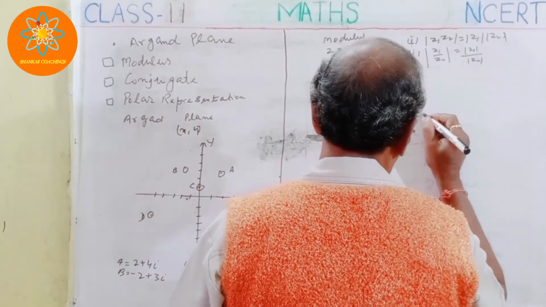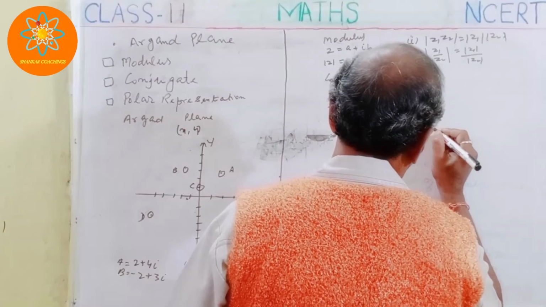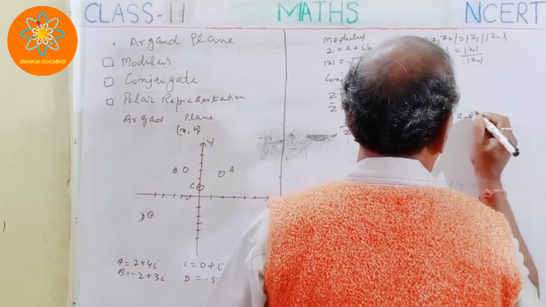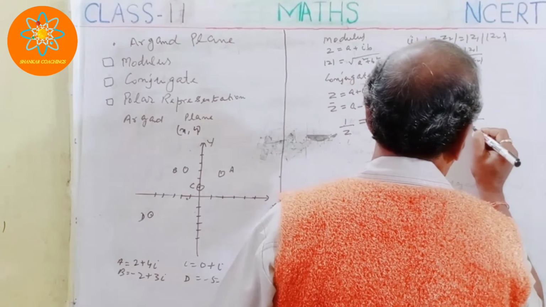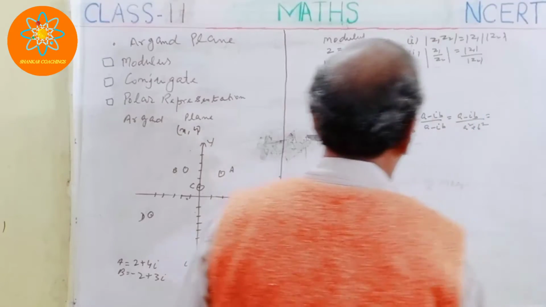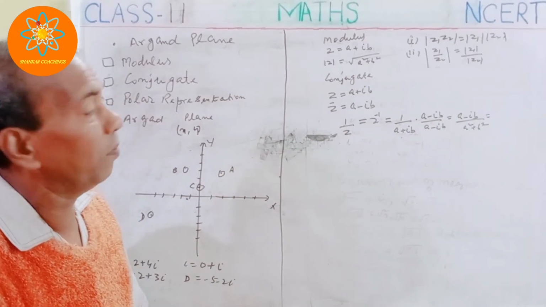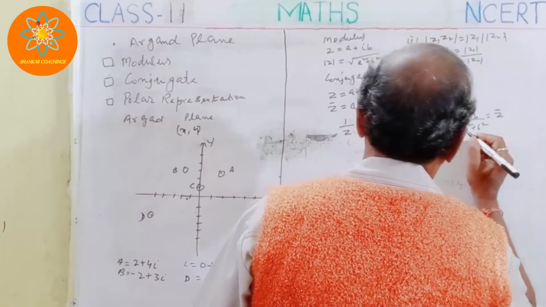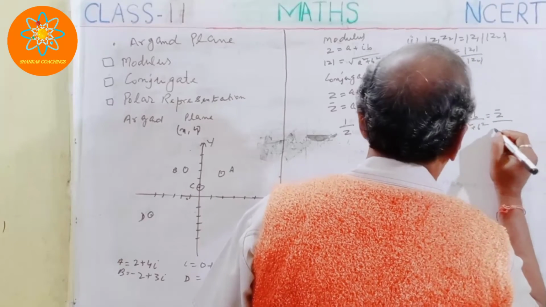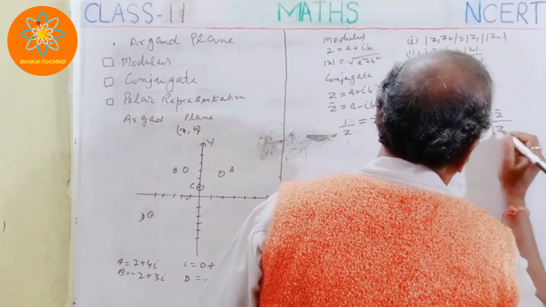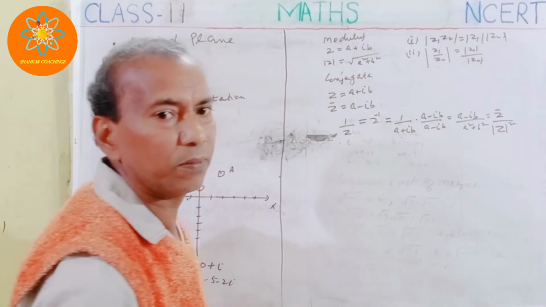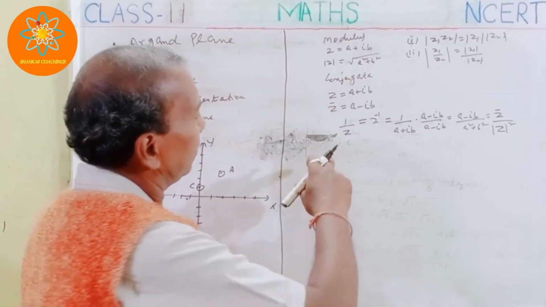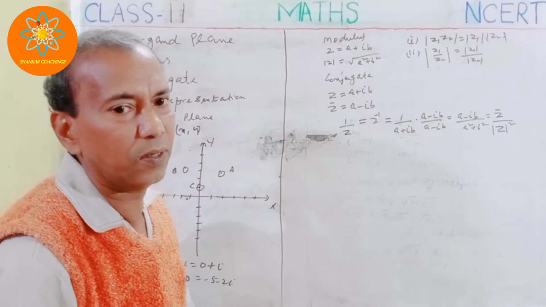If I rationalize this, I multiply by a minus ib over a minus ib, and get a minus ib divided by a square plus b square. Here a minus ib is the conjugate of z, and a square plus b square is the modulus of z squared. So this is one relation: we find the value of 1 by z using the conjugate.